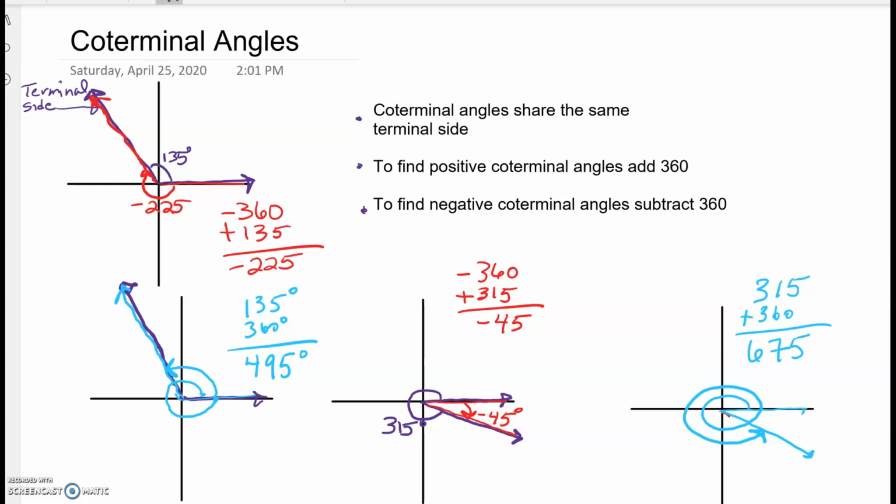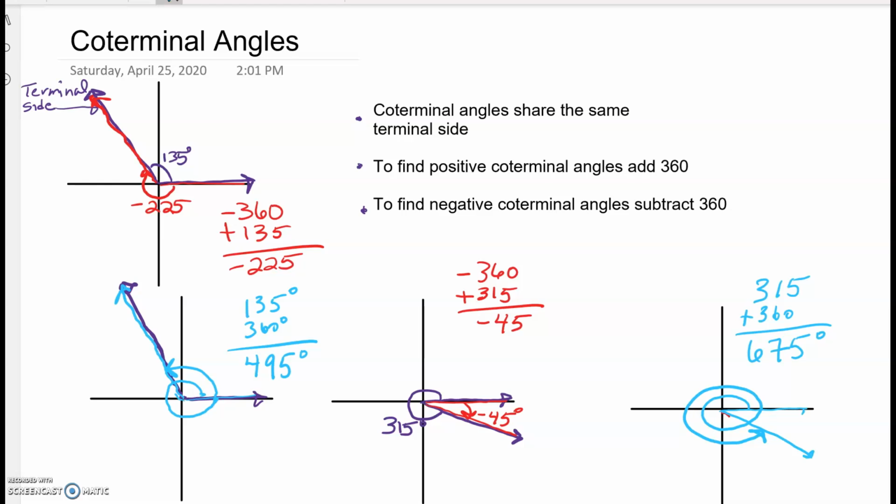Sorry about that. I think I had said the words 665, but meant to say 675 degrees.